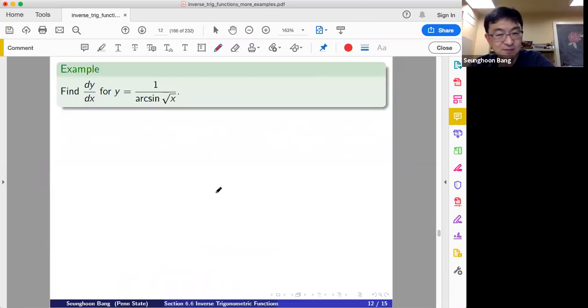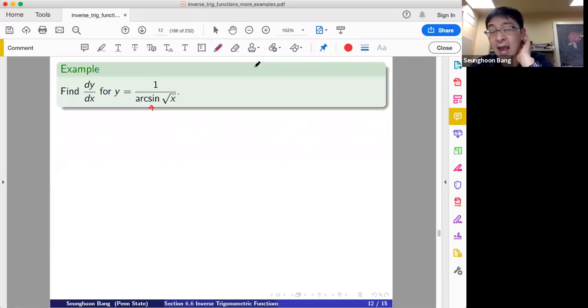So here, the second problem, your question is like the second one. Arcsine of root x. What is the domain of arcsine? The domain of arcsine is that the inside is between minus 1 and 1. So root x is between minus 1 and 1. Root x negative is impossible.